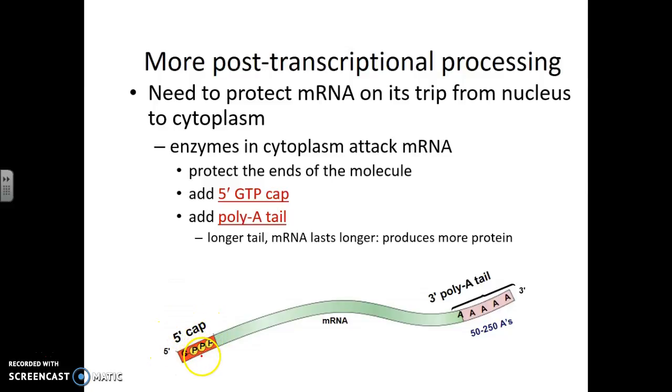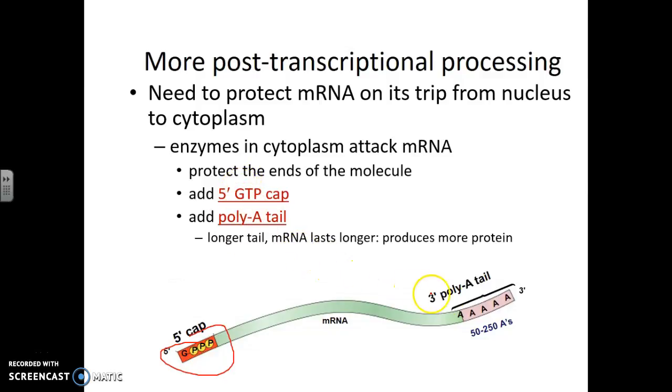It helps protect the molecule, and it also helps transport it out of the nucleus. This allows the nuclear pore to hold on to it while it's being transported out. It's essentially like an ATP molecule, except that it has the nitrogen-based guanine instead of adenine at the top.